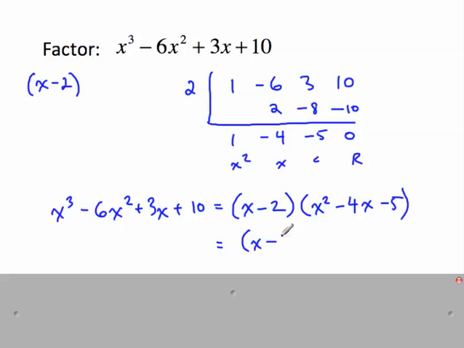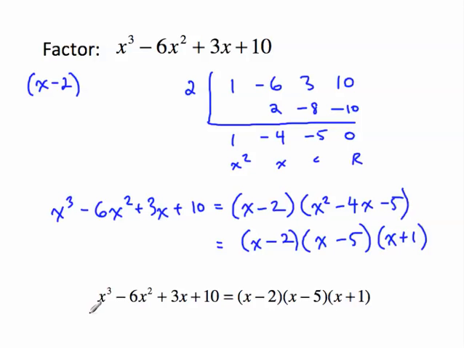So carry the x minus 2 down. This becomes x minus 5 times x plus 1. So the original polynomial can be written like this in its fully factored form. x cubed minus 6x squared plus 3x plus 10 is equal to x minus 2 times x minus 5 times x plus 1. We fully factored this polynomial.